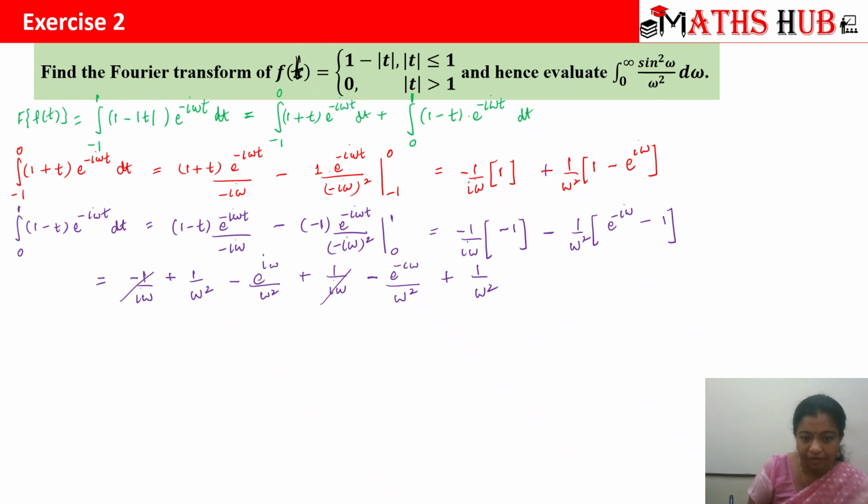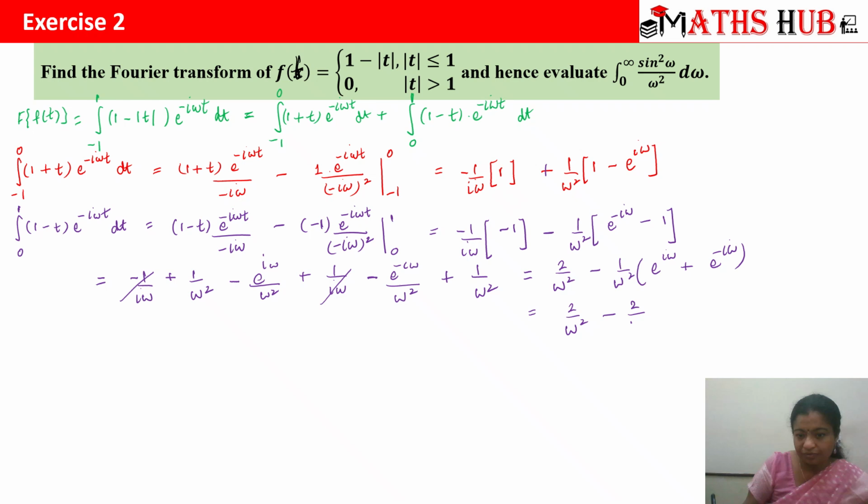Okay. So from here, what do we get? We get 2 by omega square minus, I can take out omega square common. We are left with e power i omega plus e power minus i omega, right? So now this is 2 by omega square minus, this term is 2 cos theta.